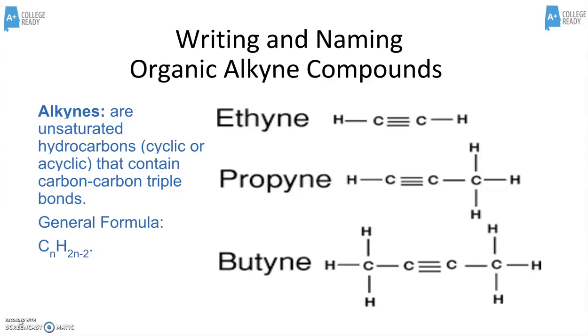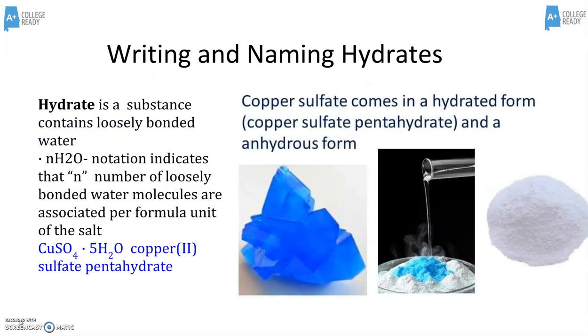Then if you remember, your ethene is C2H4. Well, now your ethyne, acetylene essentially, is C2H2. Then you have your propyne, which is C3H4. Again, patterns. Always watch your patterns.